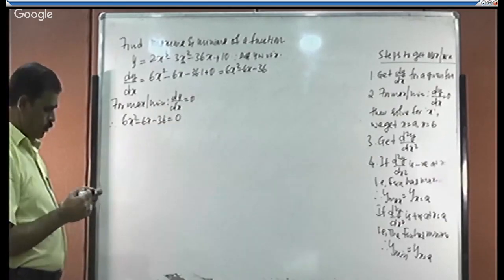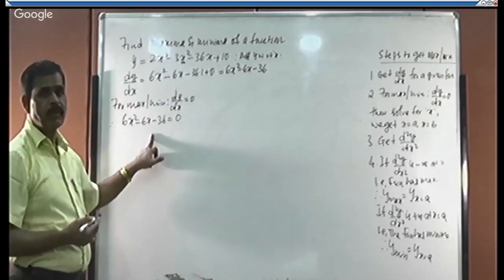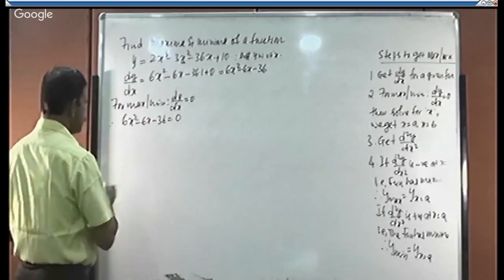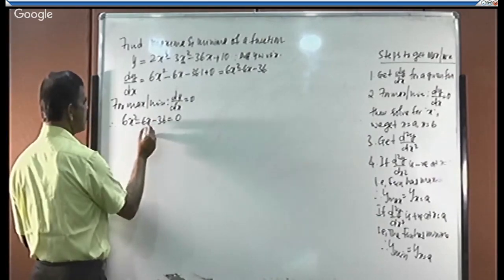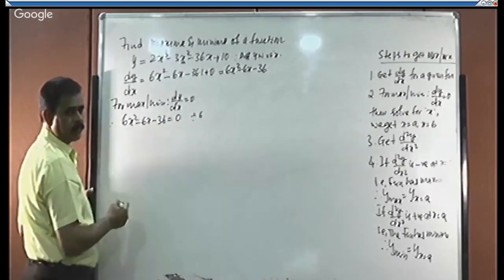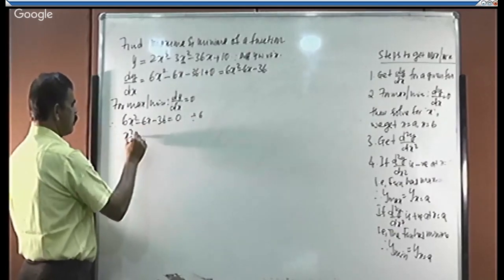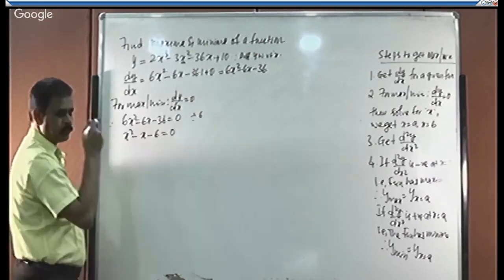What to do? We have to factorize it, correct? It is a quadratic equation. Observe this equation, all the terms are divisible by 6. You can divide by 6. It becomes x square minus x minus 6 is equal to 0.